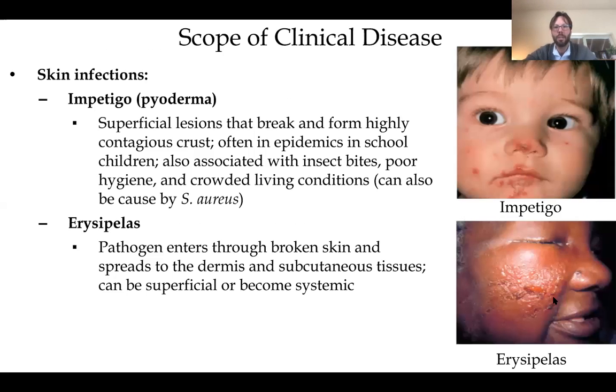Impetigo, as I mentioned, is going to be predominantly in children and infants, very contagious. So if a child has impetigo and they're interacting with other children, chances are those other children are going to get impetigo.